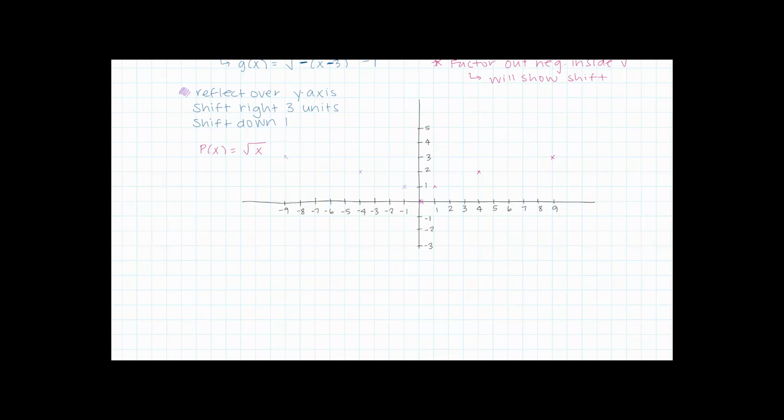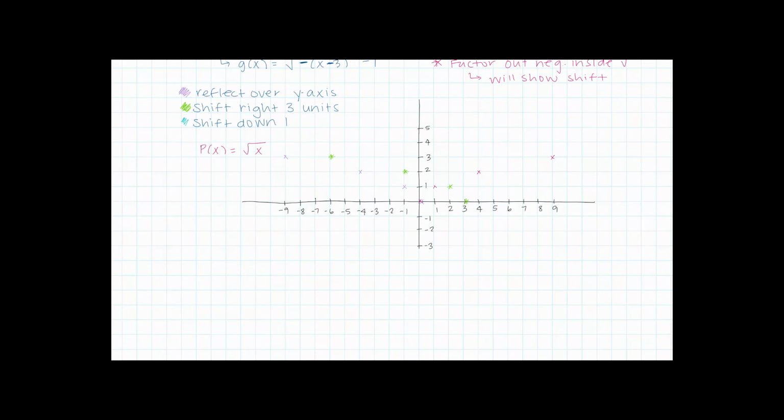So I see in purple I have my nice reflected curve on that side. Then I'm going to shift all of these points to the right 3 units. 1, 2, 3.